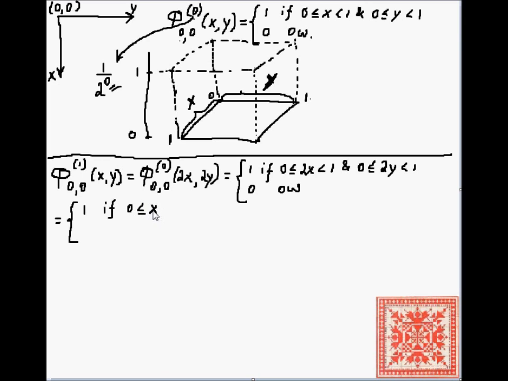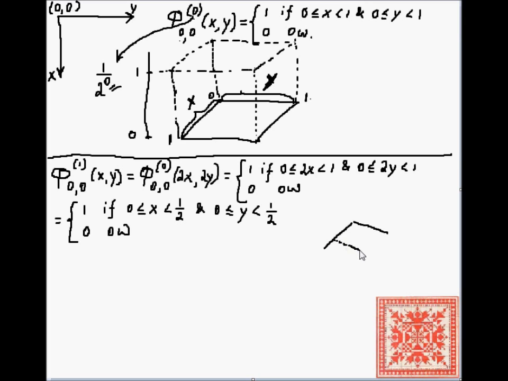If we do some algebra, we find that this function phi 1 sub 0, 0 of x and y is equal to 1 if x is greater than or equal to 0 and strictly less than a half, dividing by 2, and y is strictly less than half and greater than or equal to 0, and it's 0 everywhere else.